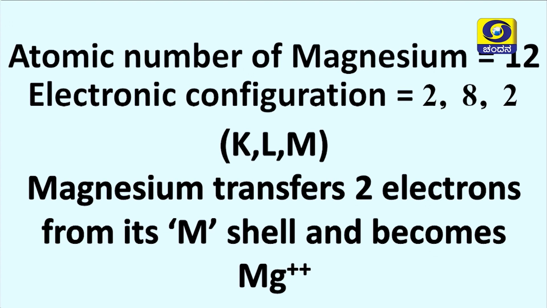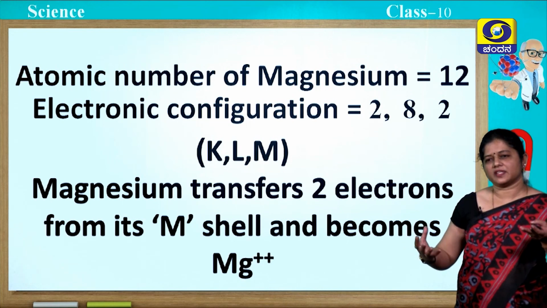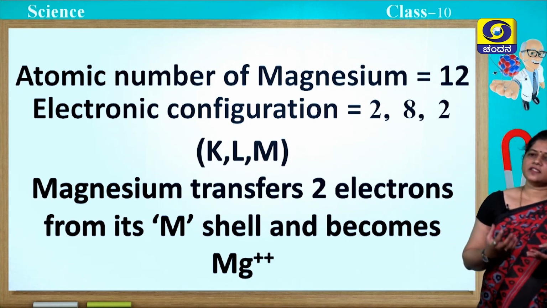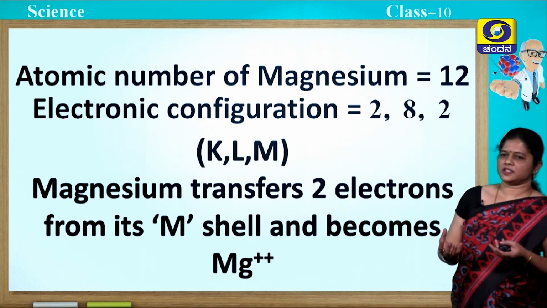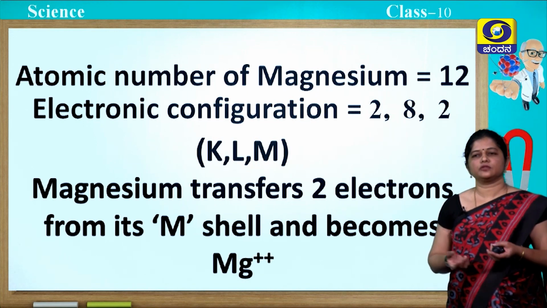So, when magnesium transfers 2 electrons from its M shell, it becomes Mg2 plus. So, it gains an overall 2 positive charges. Now, there are 2 more protons than the electrons that are present in the shells. So, that is why it gains a positive charge twice. So, Mg2 plus.